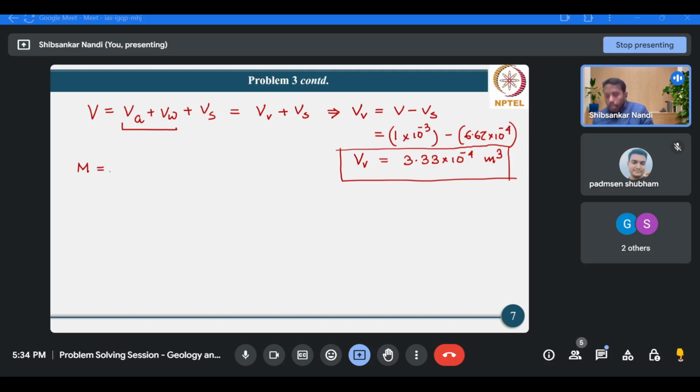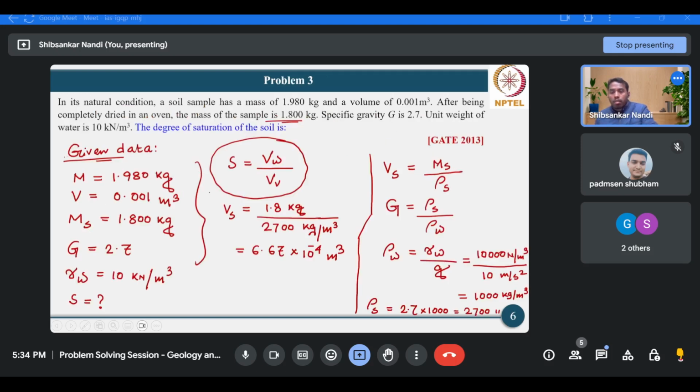We'll approach from this side: the total mass is Ma plus Mw plus Ms. Now the mass of air we can neglect, so we can calculate the mass of water by subtracting the mass of soil solids from the total mass. That means the mass in its natural condition.